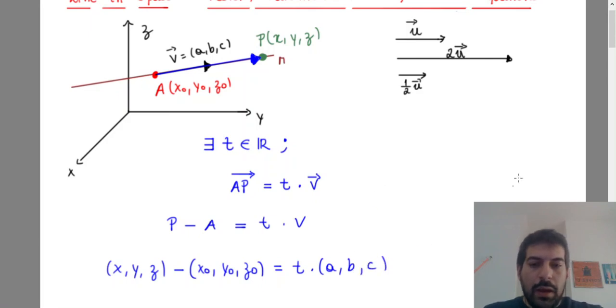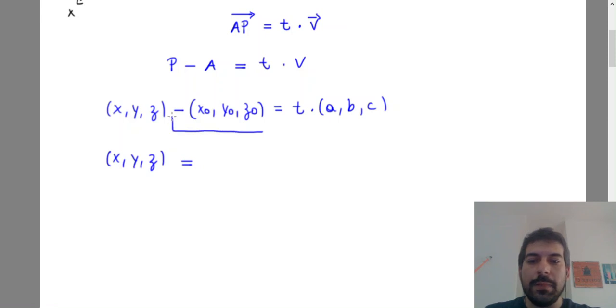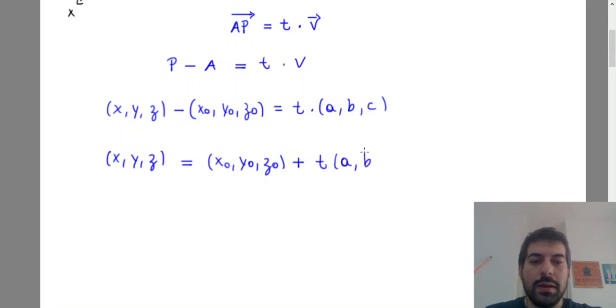Okay, and for example, if I leave x, y, and z alone on the left side of the equation and send this point to the right side of the equation, I need to change this sign. This sign will become a plus. So x, y, and z will be equal to x0, y0, and z0 plus t times a, b, and c.